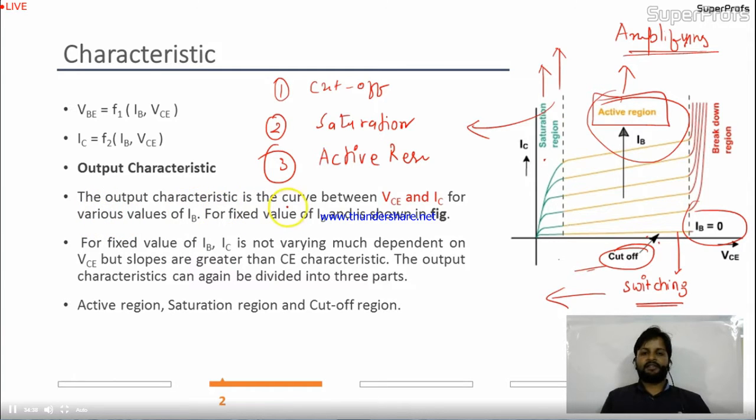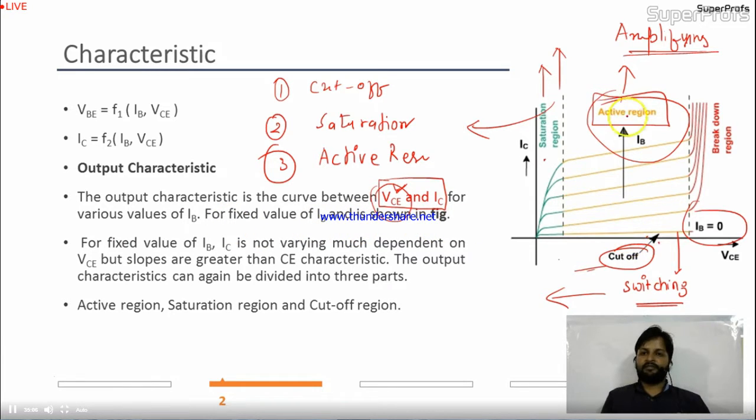The output characteristic is the curve between VCE and IC. Please remember, VCE is the voltage between collector and emitter, and IC is the collector current. Because this is nothing but the voltage at the output circuit, or the voltage we are controlling, right? It is drawn for various values of IB, for fixed values of IB, and is shown in the figure.